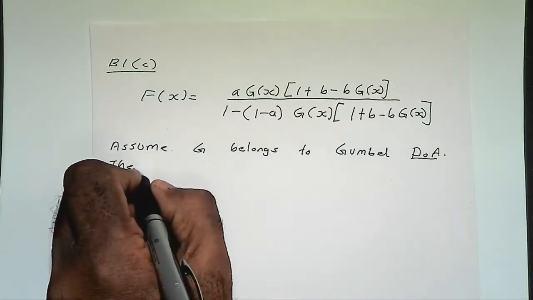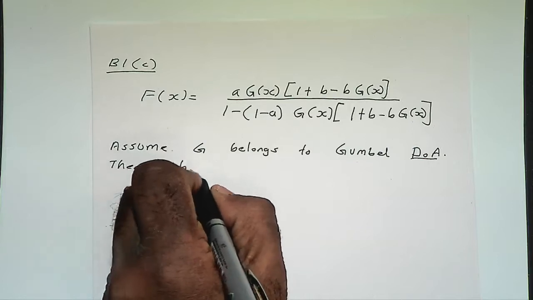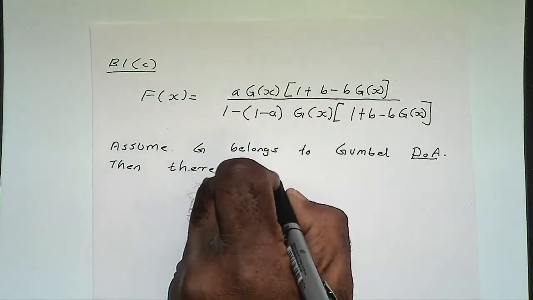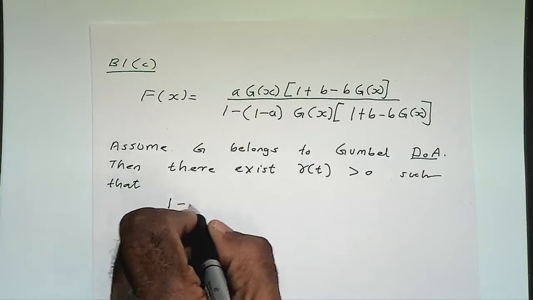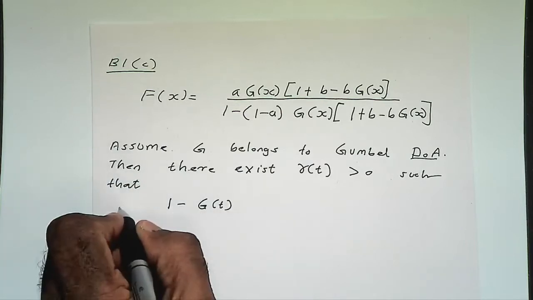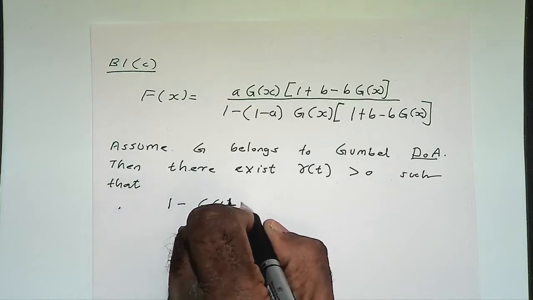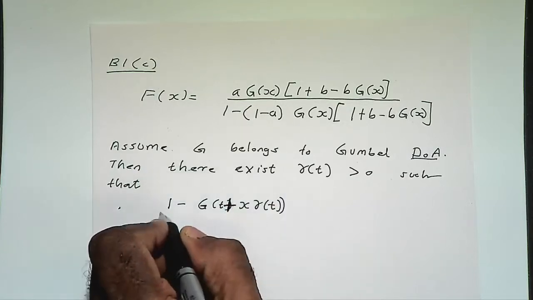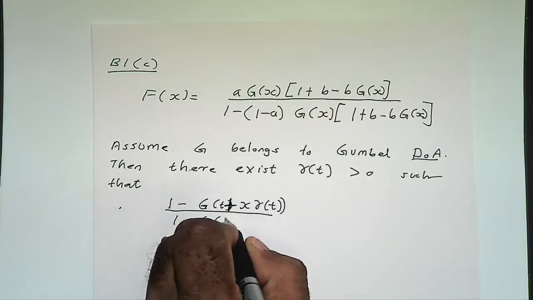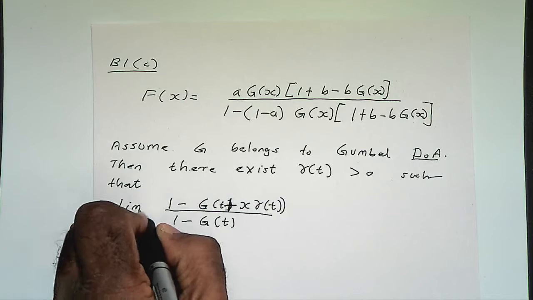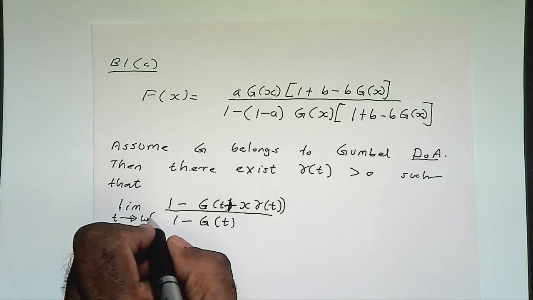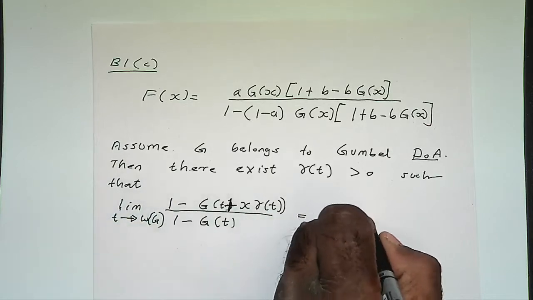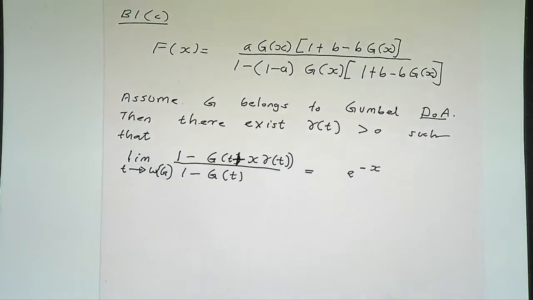Then there exists gamma t greater than 0 such that... Okay, so we need to show that.